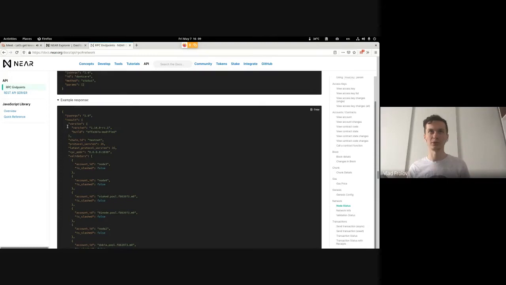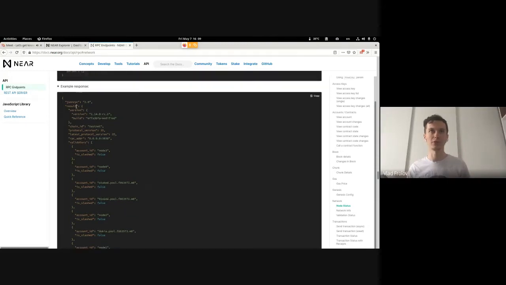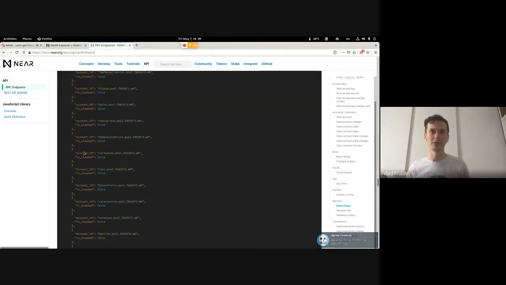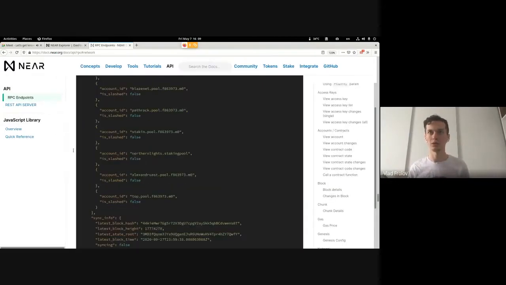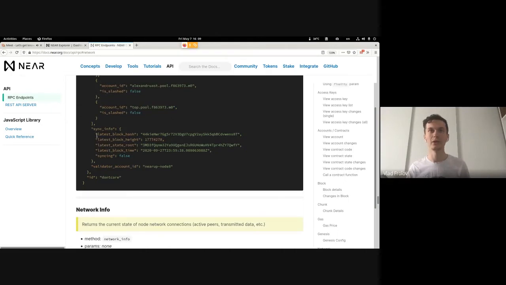In the example response, you can see it reports the version of the binary right there, the protocol version, and other information. A useful section is sync info, which tells at which block the current node is right now, and so you can see the latest block and whether the node is in syncing mode.